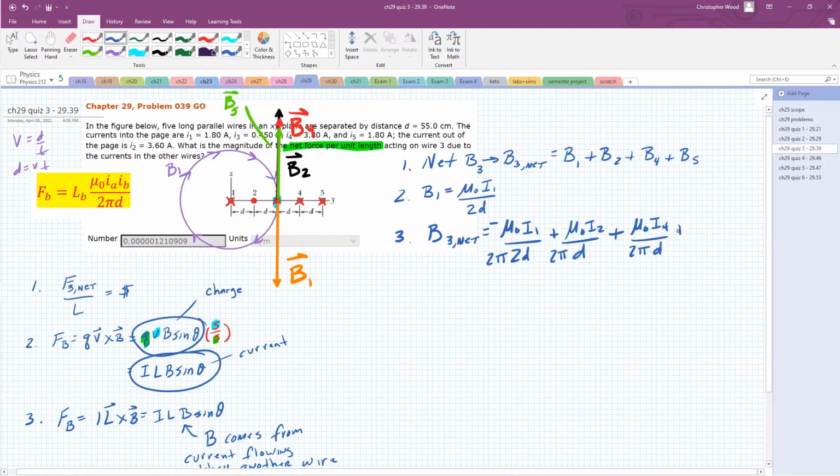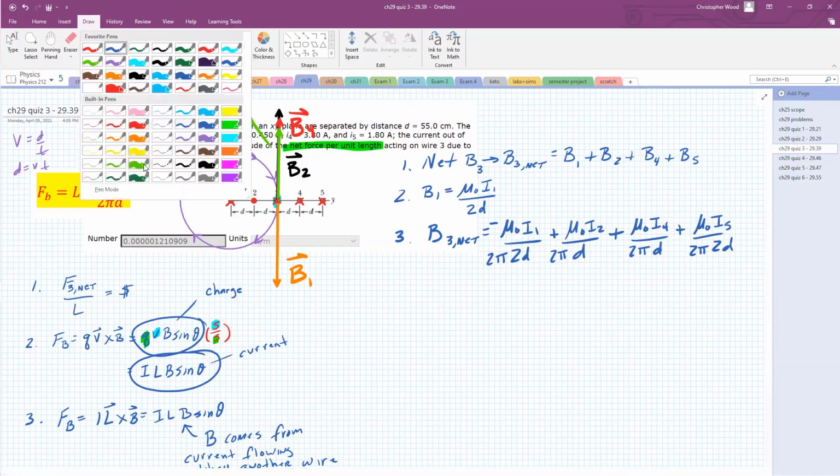And last but not least, here's the magnetic field, mu naught I5, created by current 5, 2 pi. What's the distance between 5 and 3? It's 2D. So I think you're done because you obviously can pull out common factors.